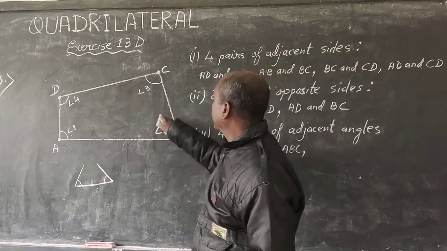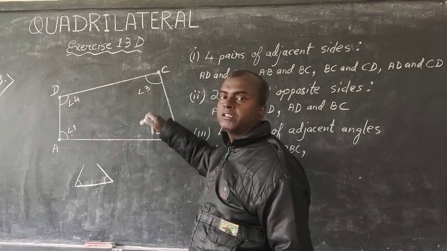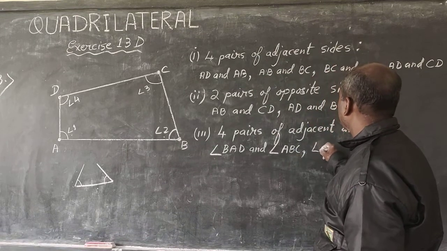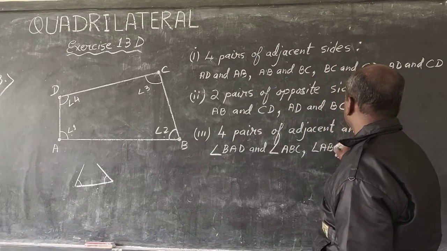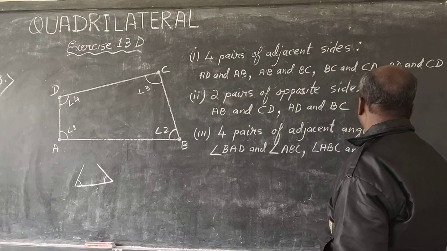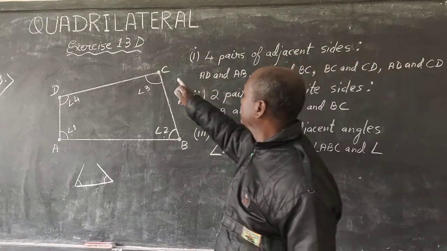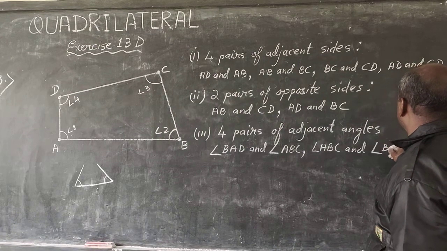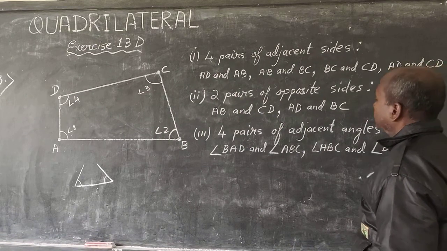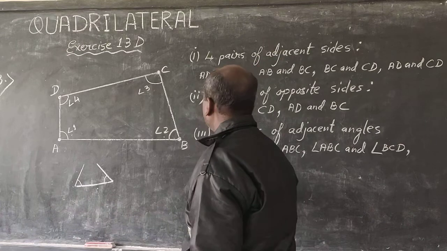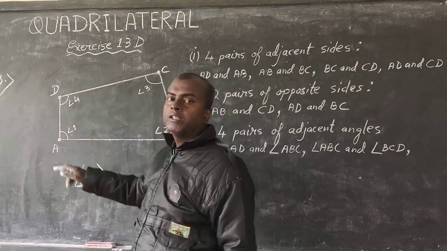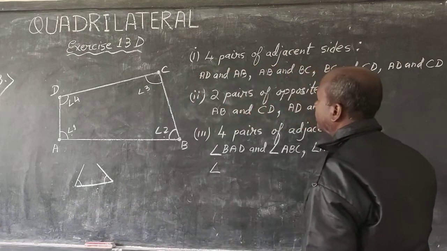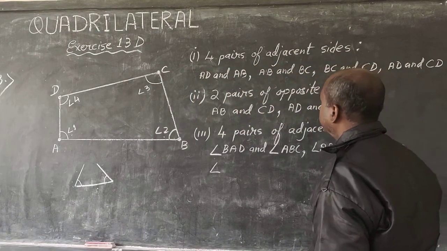Okay, next I said angle 2 and angle 3 are also adjacent. What is the full name of angle 2? Angle 2's full name is angle ABC. And what is the full name of angle 3? Angle BCD. Then I said angle 3 and angle 4 are also adjacent. Okay. What is the full name of angle 3? Angle 3's full name is angle BCD.